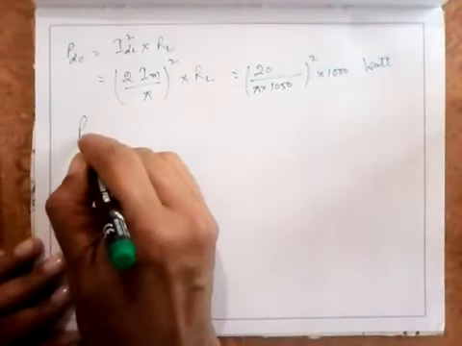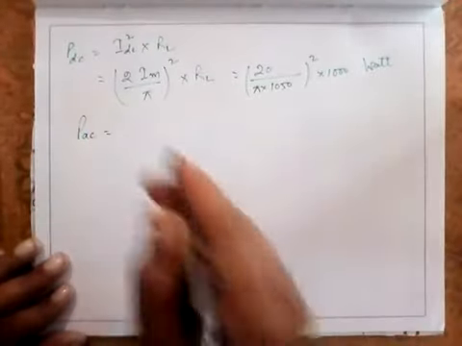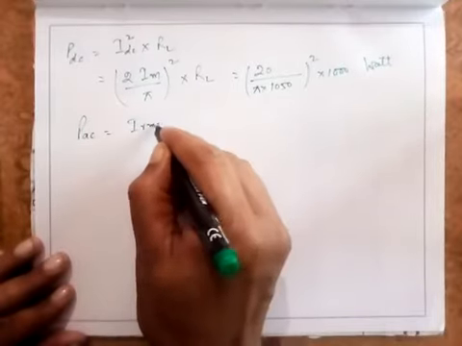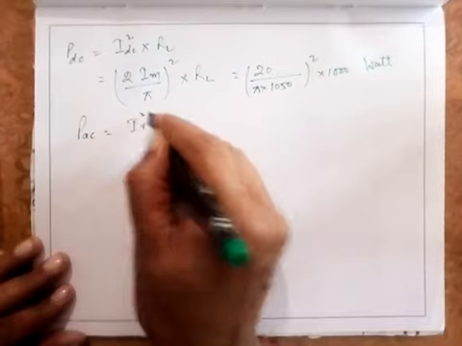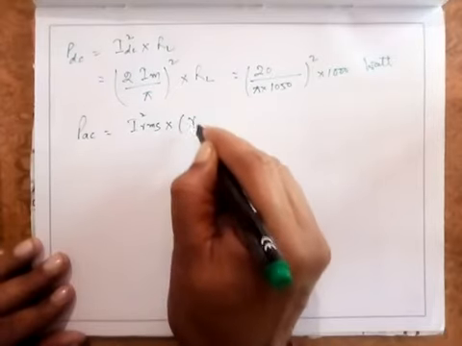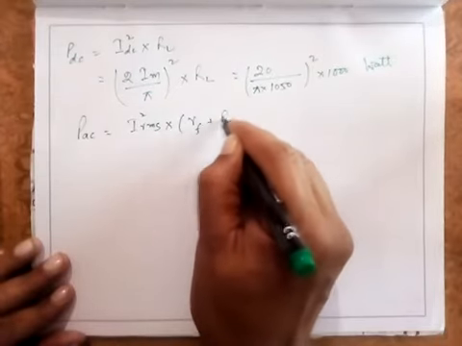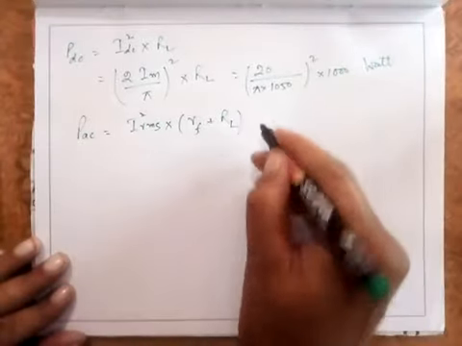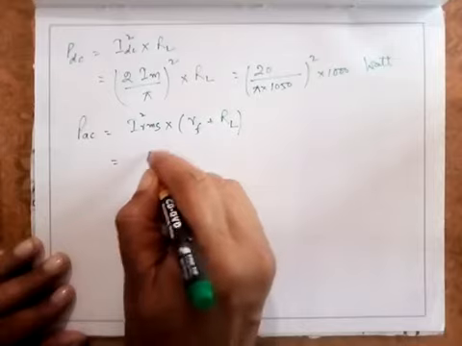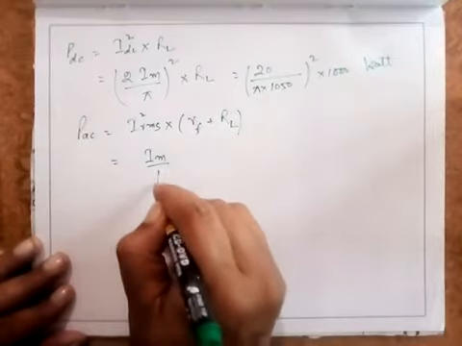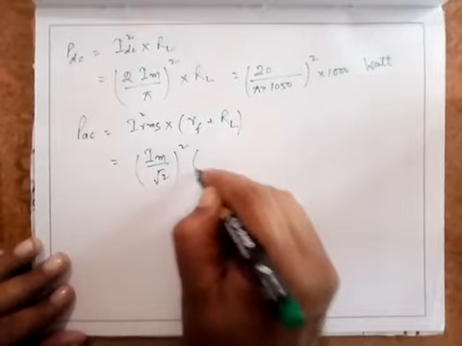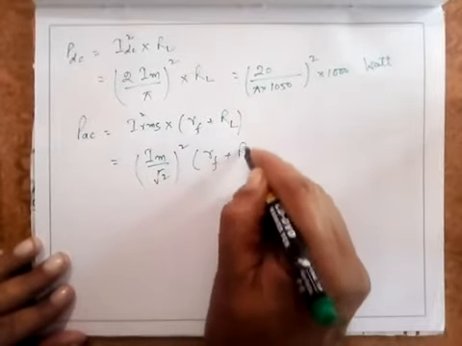Similarly, PAC will be IRMS whole square into RF plus RL, and the value of IRMS is equal to Im upon root 2, whole square into RF plus RL.